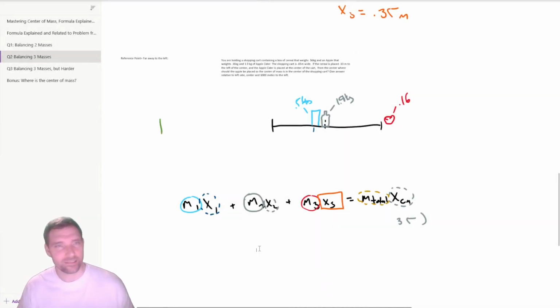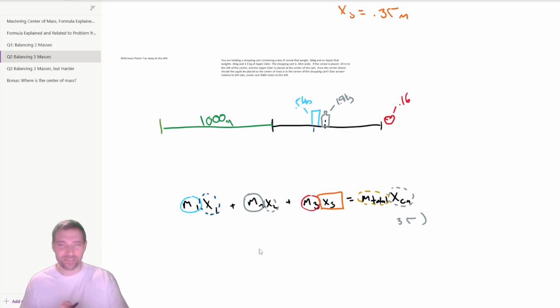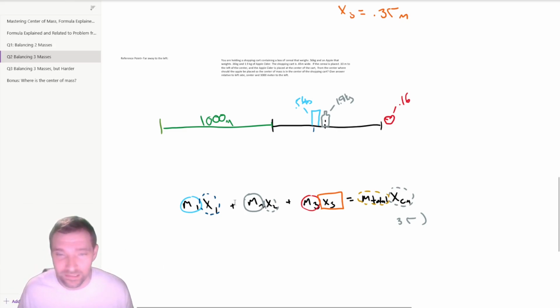So similar to the last time, we're going to have this be off to the side, but now it's not 1 meter. This is going to be 1,000 meters. We could do 1,000,000 meters or however big of a number that you want, but we're going to just prove that it doesn't matter how far off you go from the side here, you still get the same point in space. It's just relevant to a different reference point.